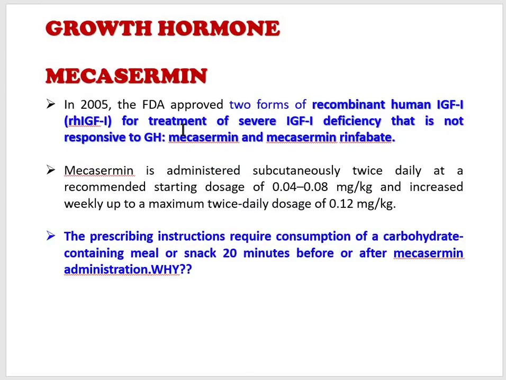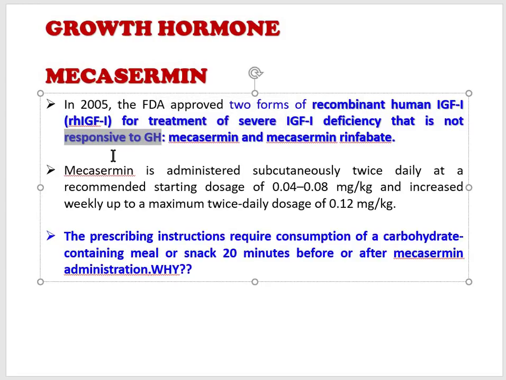Okay, and then let's say you have a case in which the person is not responding to growth hormone. In that situation you have this drug, mecasermin, and mecasermin rinfabate, which are recombinant forms of IGF-1.